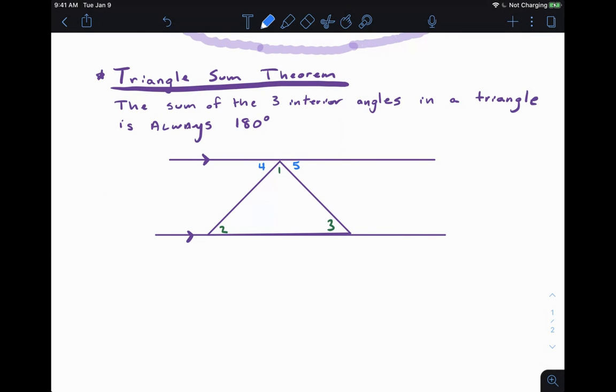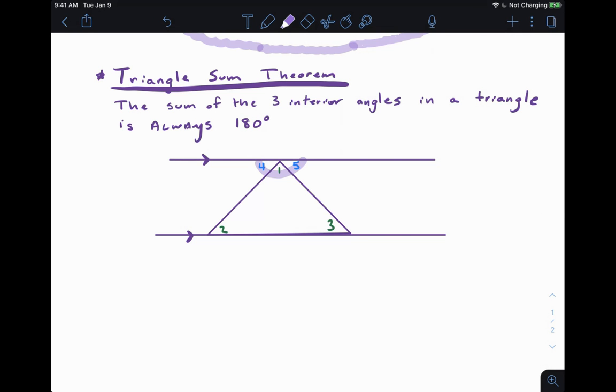Take a look at this top part. What can we say about angle 4, angle 1, and angle 5? It's maybe a little difficult to see, but together, those three angles, it might be helpful almost if you were looking at this upside down, are going to make up a straight line. 4, 1, and 5 make up that one straight line, right?